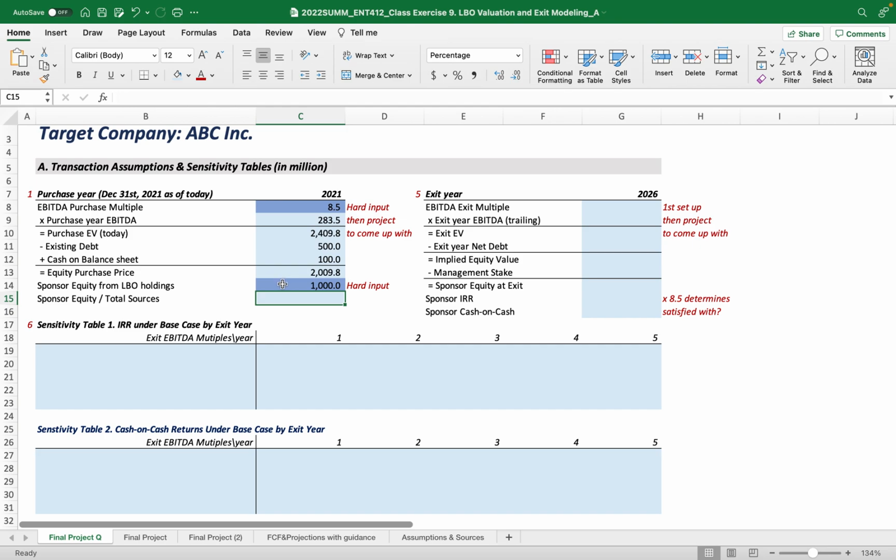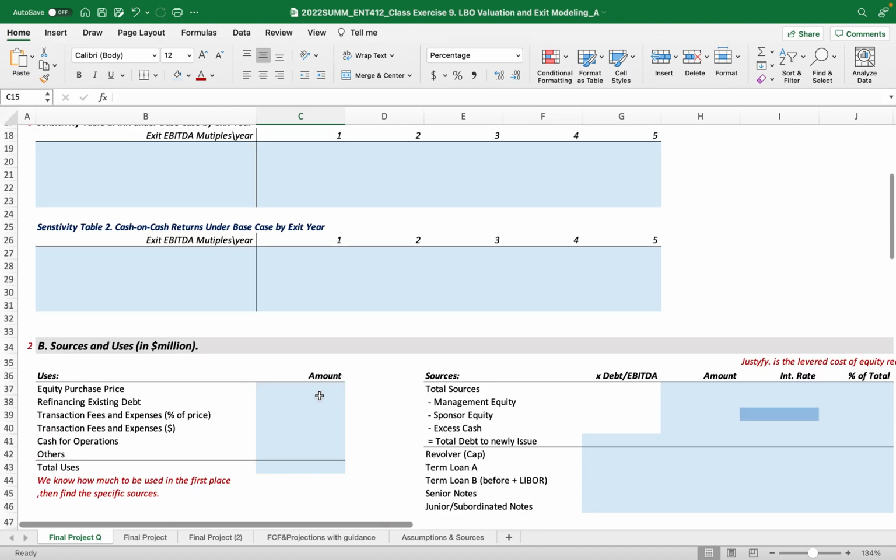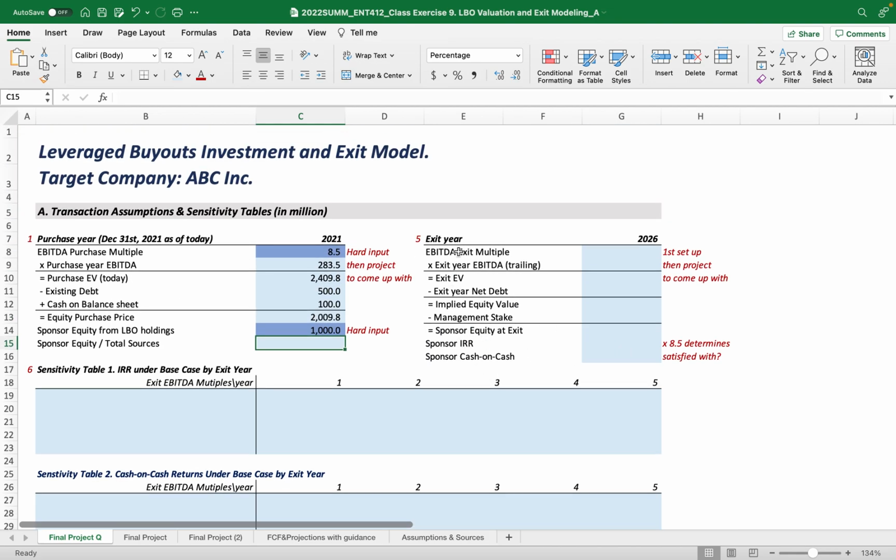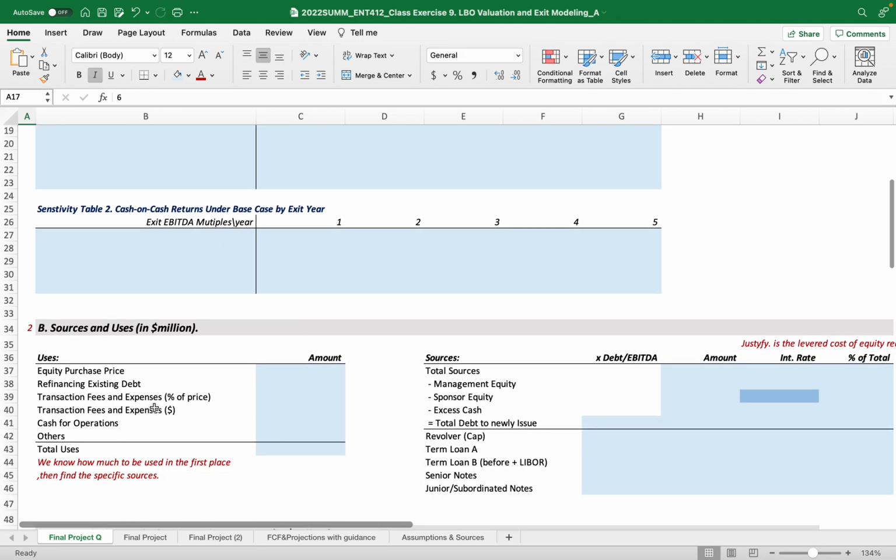The sponsor equity percentage of total sources we cannot calculate until we finish the sources and uses part, and then we'll come back to the exit year. As you notice, we have numbers 1, 5, and 6 that explain the order of completion of each section. Okay, so number 2, the sources and the uses.